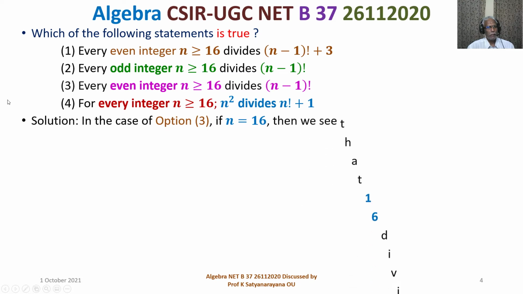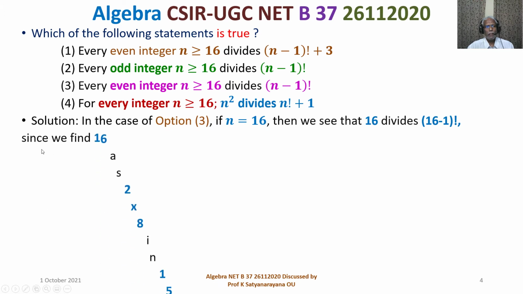We discuss the solution of this problem. Solution. In the case of option 3, if we take n equal to 16, then we see that 16 divides (16 minus 1) factorial. Why?